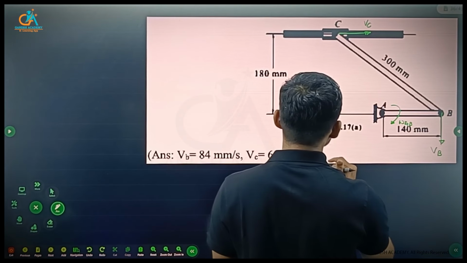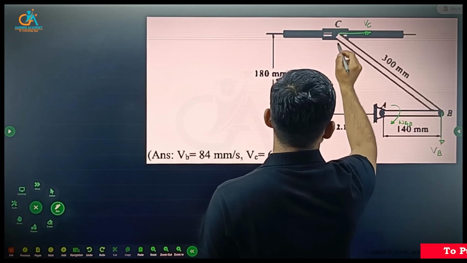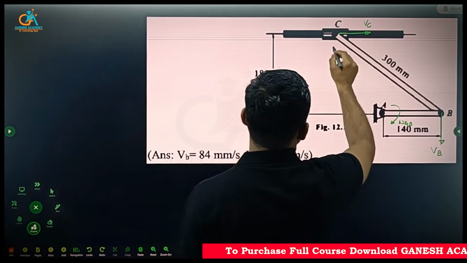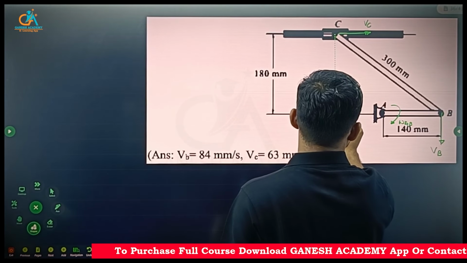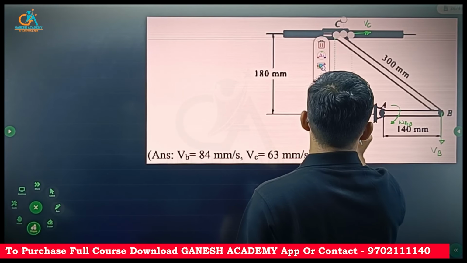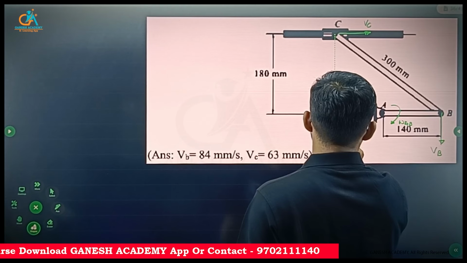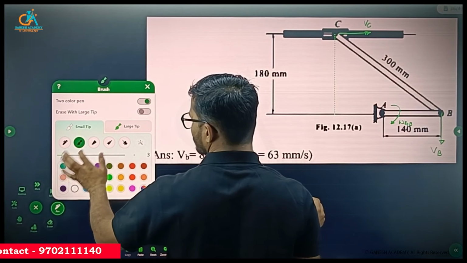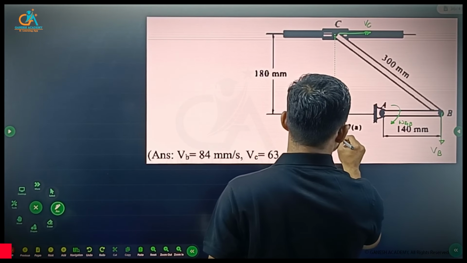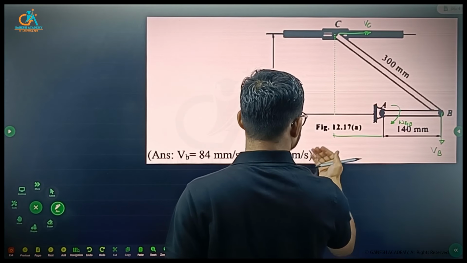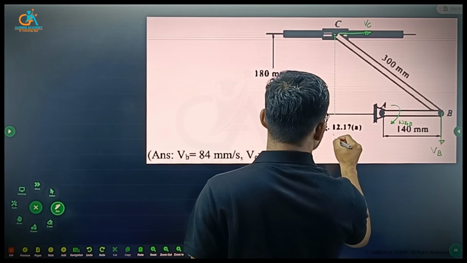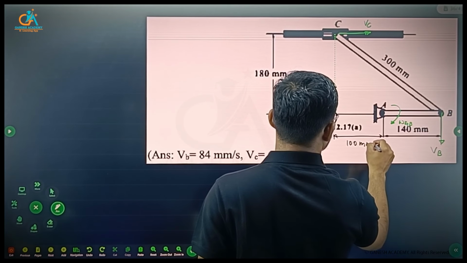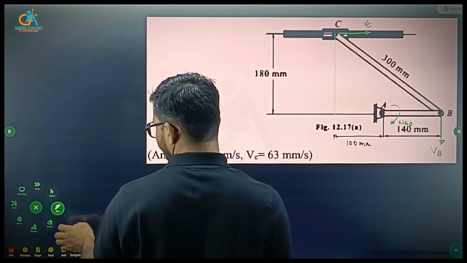One value is unknown here, the distance, which is not mentioned in your question. It is 100, the distance between these two points.